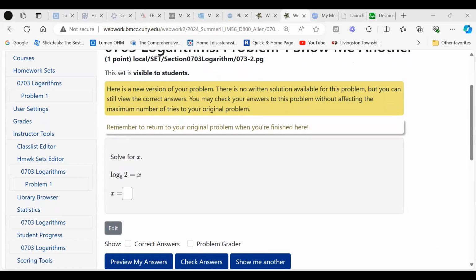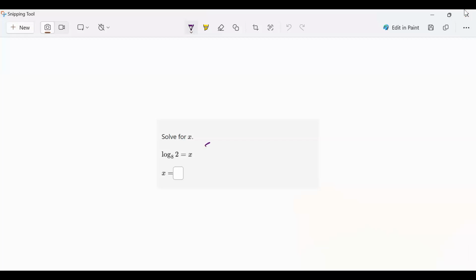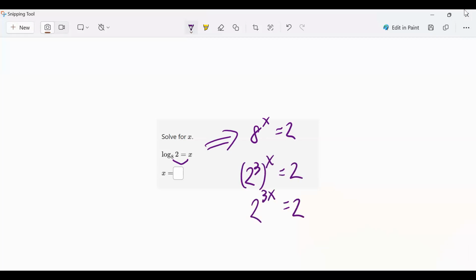So one way to do this is turn it back to the exponent. You will treat it as a to the x power equal to 2. And then how do we solve this? We can do a is 2 cubed, equal to 2. So this is 2 to the 3x equal to 2 to the first. Same base, then exponents must be the same, 3x equal to 1, then x equal to 1/3.